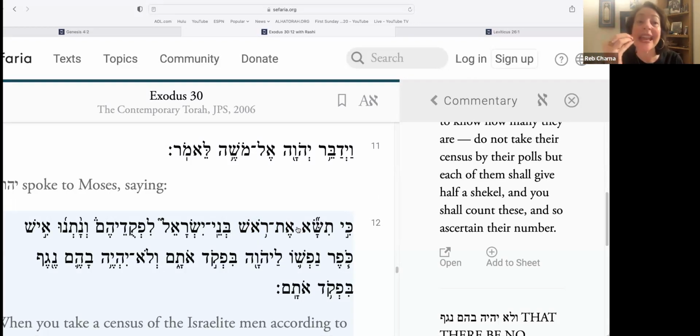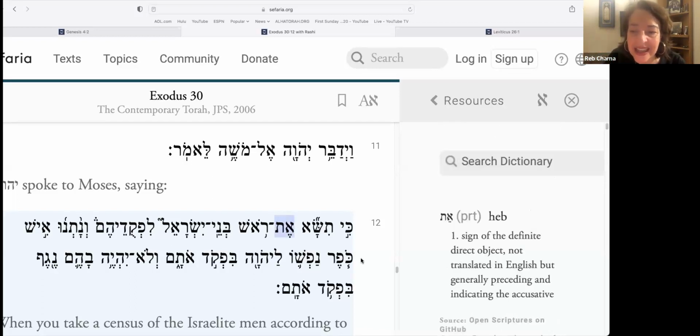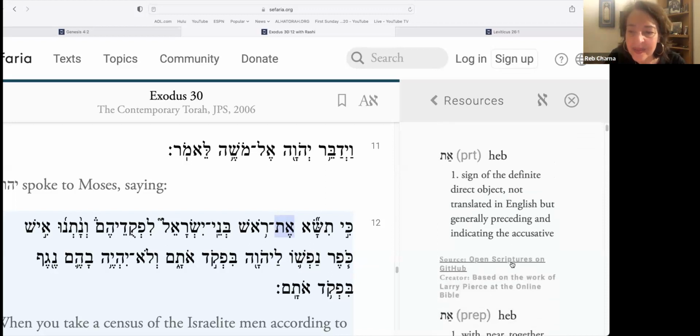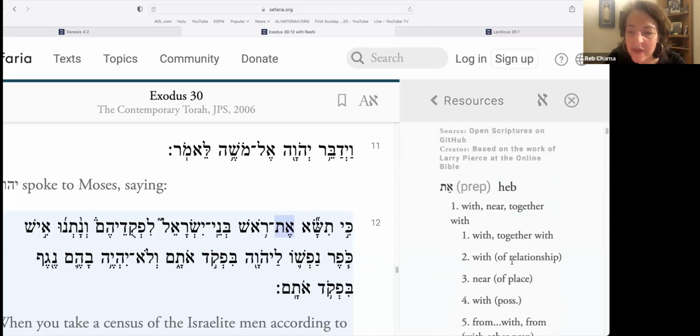You're supposed to use a half shekel to count them. It's a very complicated commentary, but I can't answer why that et is in there. It's a very, very good question. I wish I had a better answer.